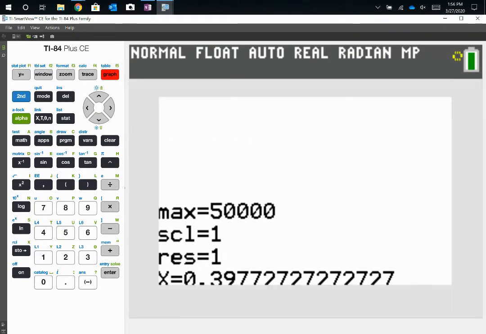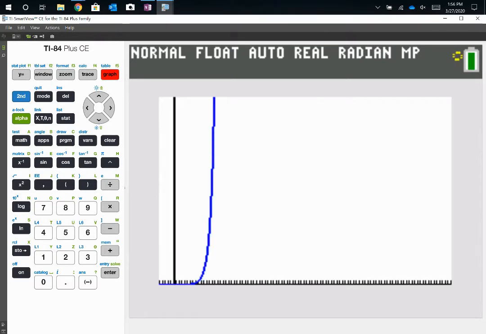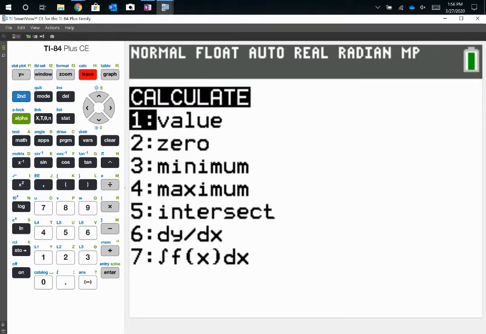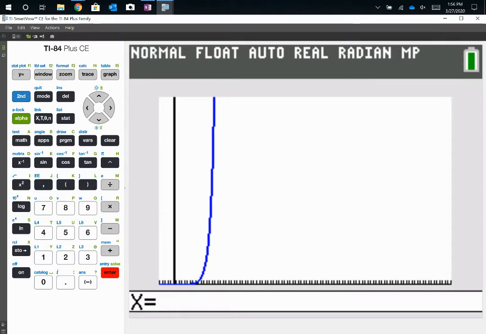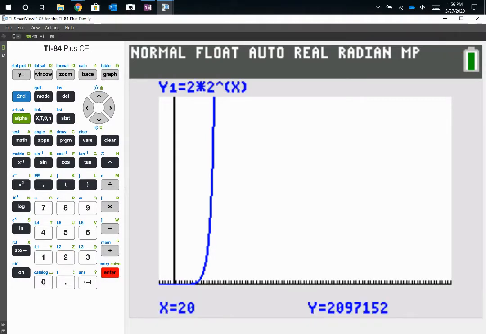Let me look at the graph. Okay, so you can see what's happening here. At day 20, the virus has spread to 2,997,152 people.